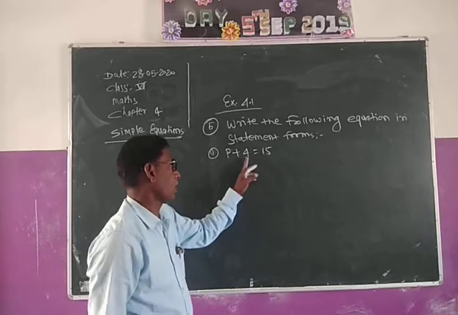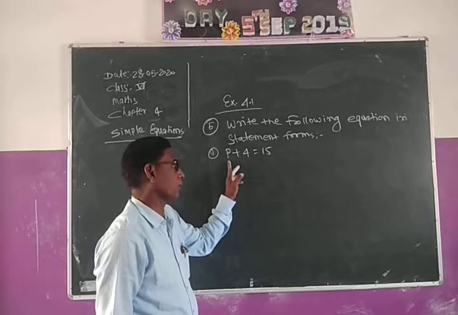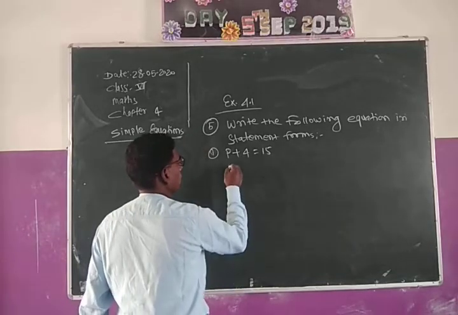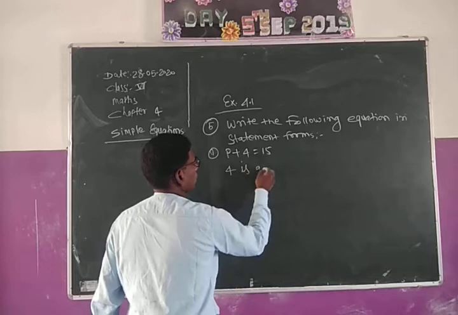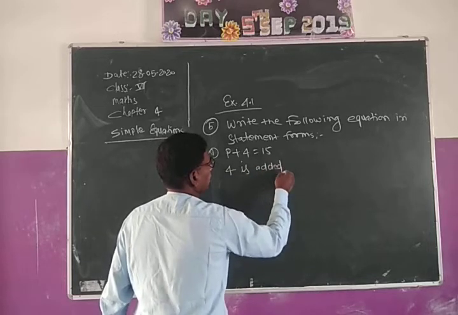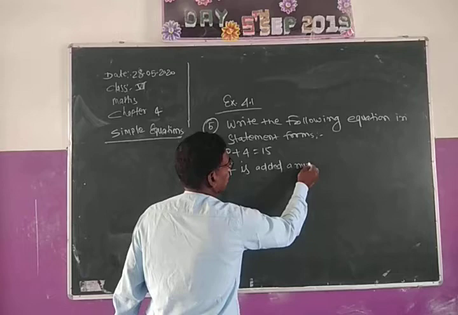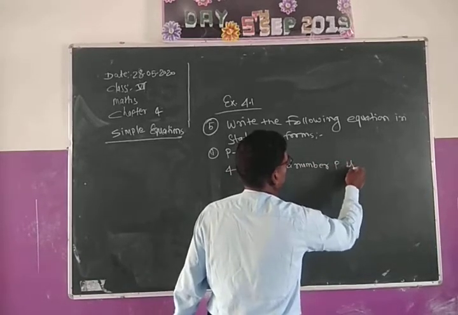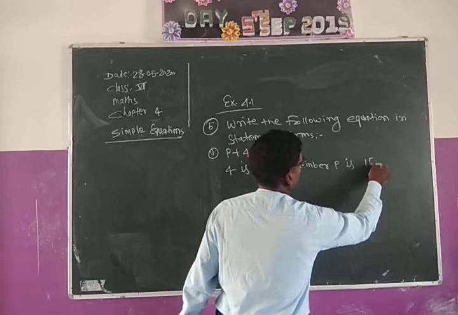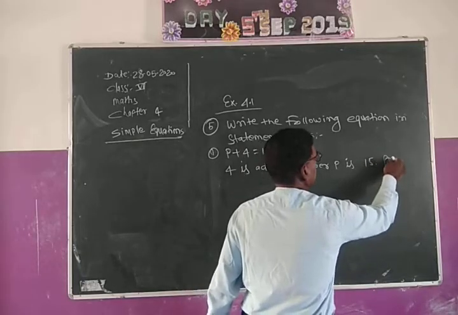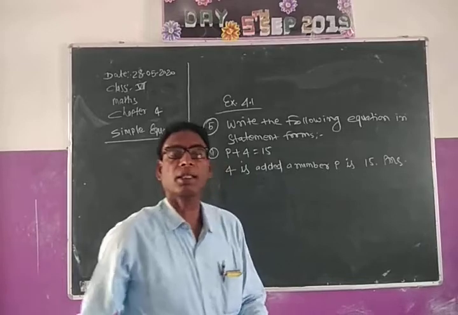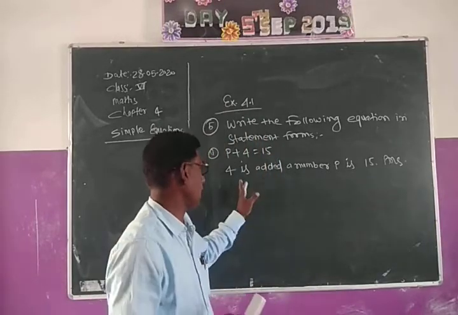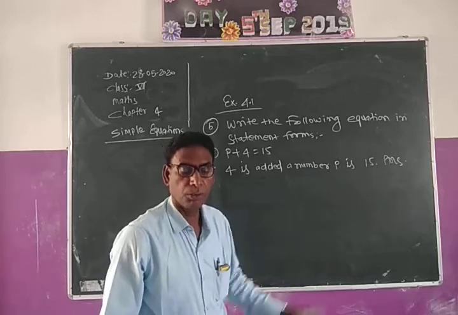Here we see that 4 is added to a number p is 15. It is the answer. You can write it in another form. The sum of a number p and 4 is 15.